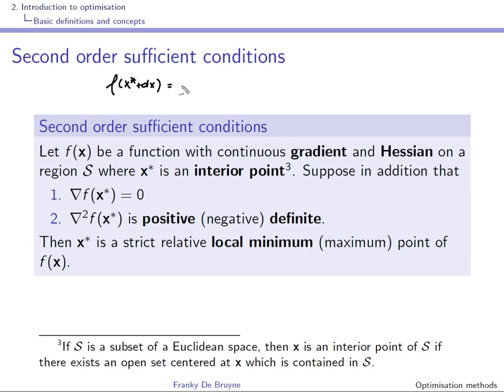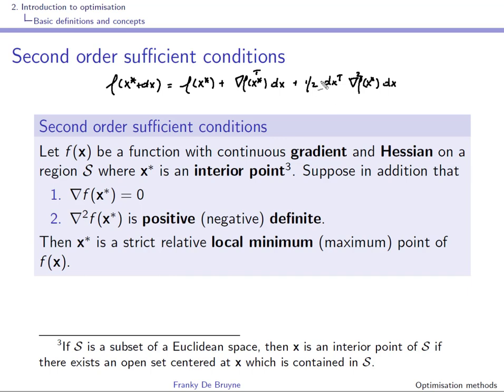So what we'll obtain is f of x star plus the first order terms. They involve the gradient of f evaluated in x star transpose times dx, right? So this will also be a scalar, a row vector times a column vector, plus a half dx transpose, then the Hessian of f evaluated in x star times dx.